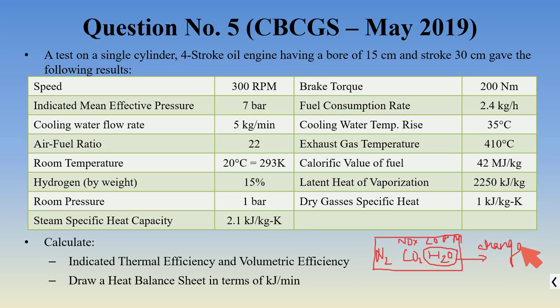What does change in phase mean? H2O means our water. What is going to happen when the water is above 100 degrees Celsius? When water is above 100 degrees Celsius, it will be in steam form, that is, vapor form. As the exhaust gases cool down, the temperature will go less than 100 degrees Celsius.